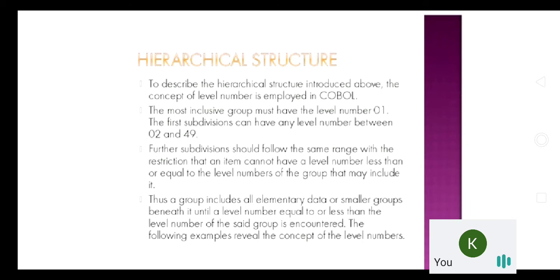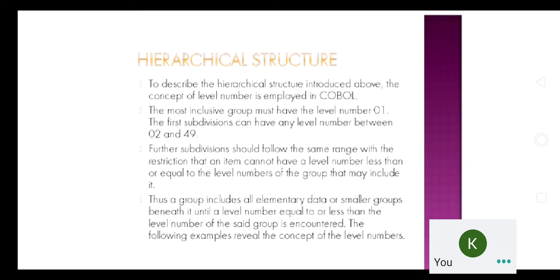The most inclusive group, in the sense, we are going to create the topmost group data item name, which will be called the most inclusive group, or most inclusive number.